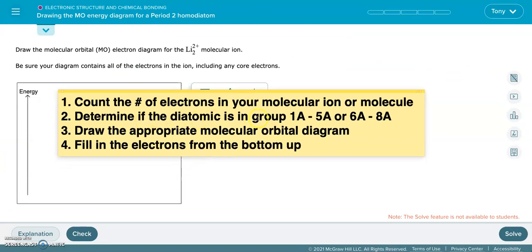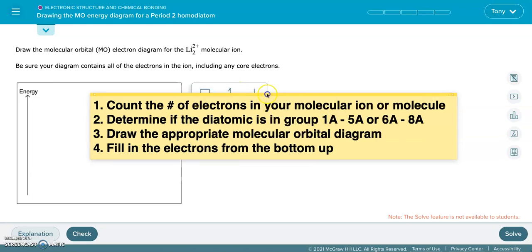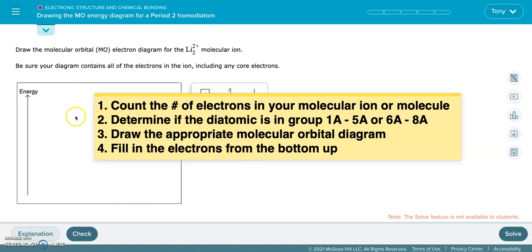Step 2, determine if the diatomic is in group 1A to 5A or 6A to 8A. In this case, it's not going to matter because we've only got 4 electrons to deal with. But it is good practice to keep that in mind. Lithium is in group 1, so we would be using that first option in terms of the ordering of the p molecular orbitals.